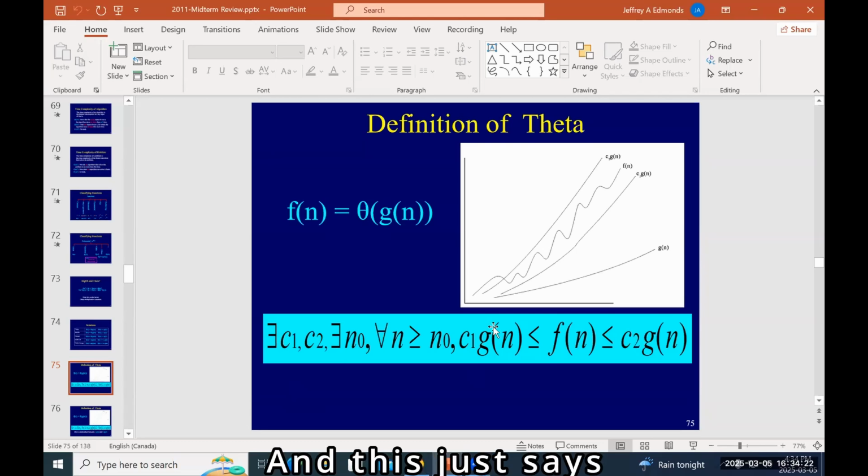This just says there exist some constants that you're bounded by, and there exists some definition of sufficiently big. It says that as long as n is sufficiently big, f is bounded by those constants.